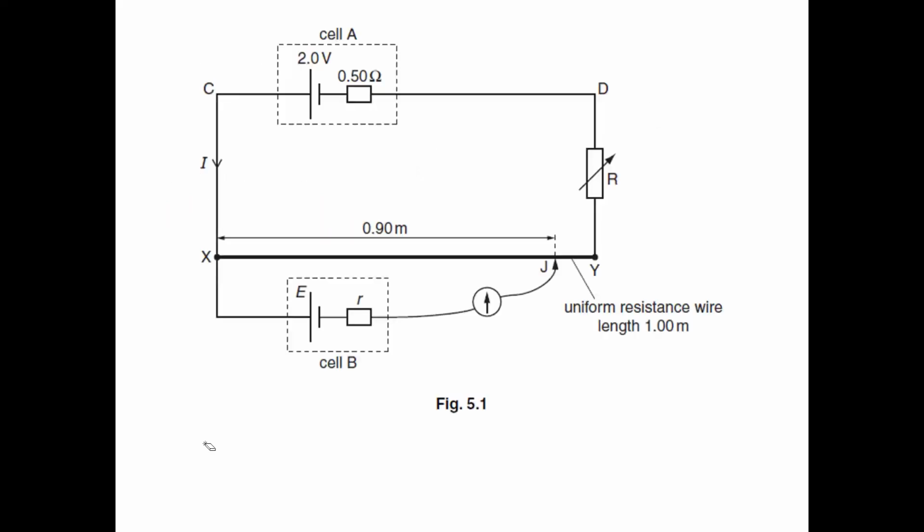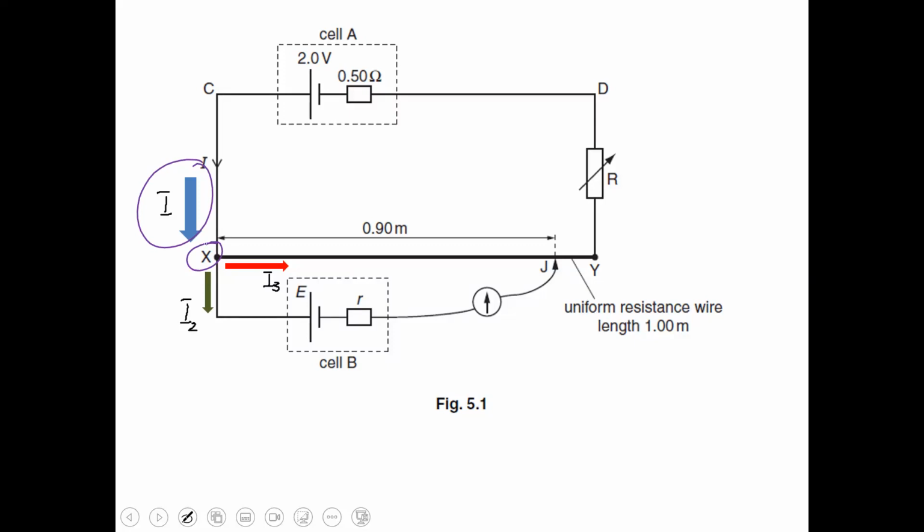Look at this circuit, a famous circuit, a past paper diagram, obviously. This is cell A, and this is the resistor, the little resistor, and we have a 0.9 meter length till J. Originally, it's 1 meter long. What happens when current reaches the position X?